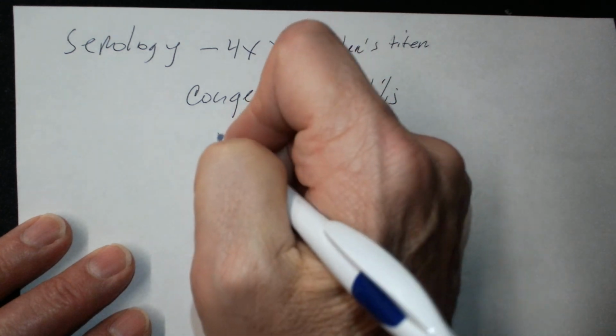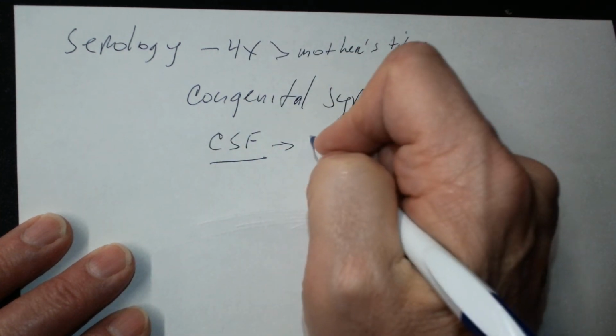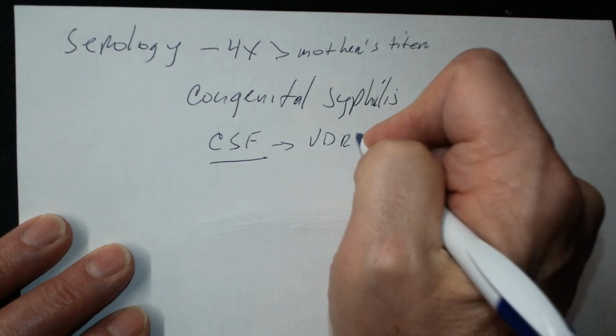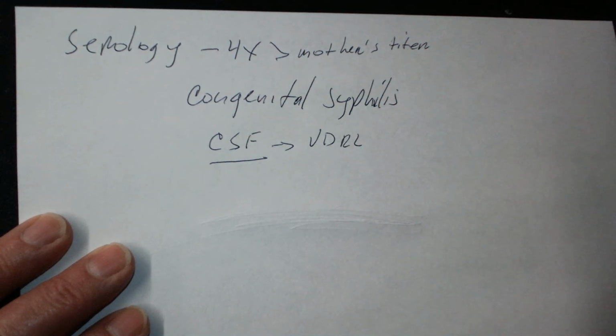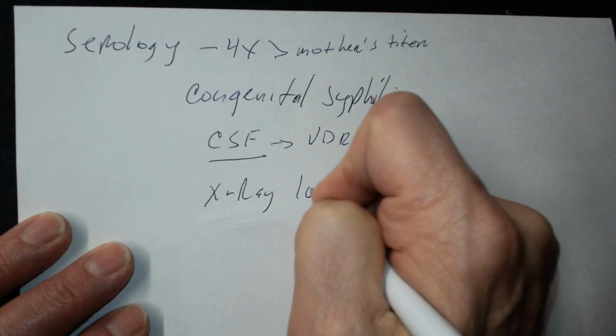You should also take a look at cerebrospinal fluid and do the VDRL test. And then do x-rays also of the long bones.